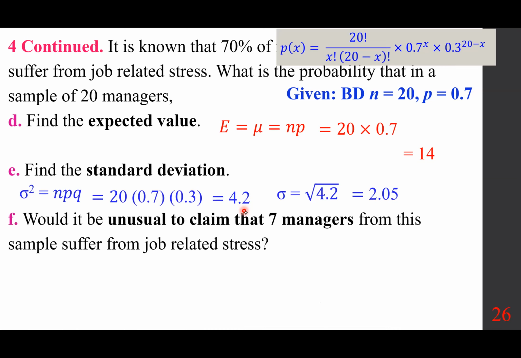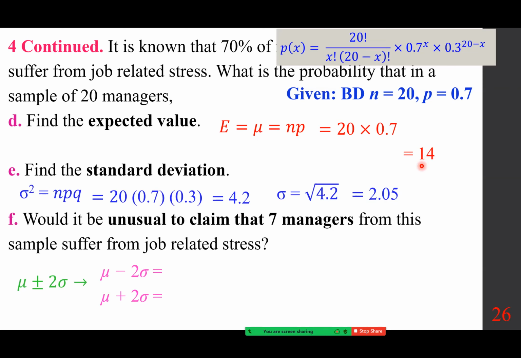Would it be unusual to claim that 7 managers from this sample suffer from job-related stress? Well, if you recall, mu plus or minus 2 sigma is considered the usual, meaning starting from the mean, if you go 2 standard deviations to the right or to the left of it, it is considered usual, otherwise it's unusual. So mu minus 2 sigma and mu plus 2 sigma must be calculated. We have the value of mu to be 14.